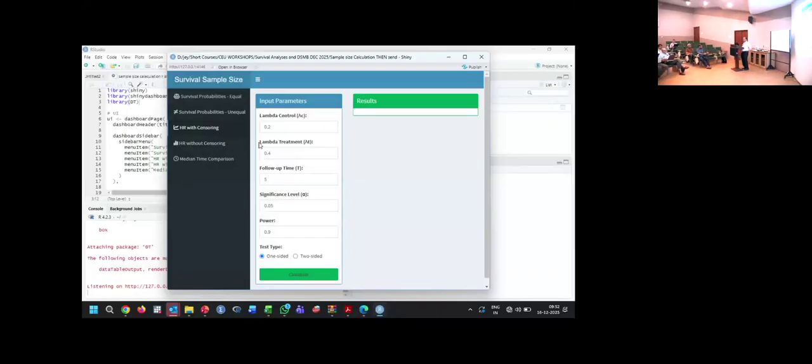This has to be corrected. We'll correct it and send it to you. We have to give what percentage of censoring I am expecting, and so we'll check that one.